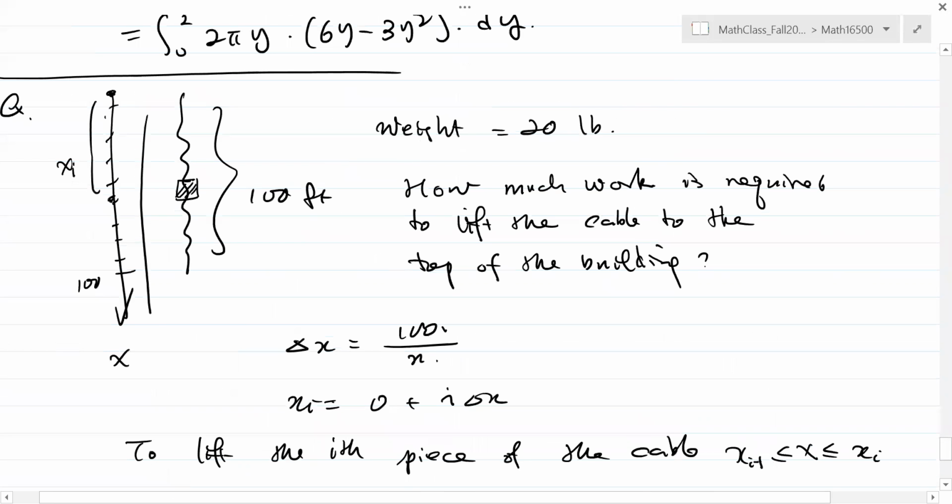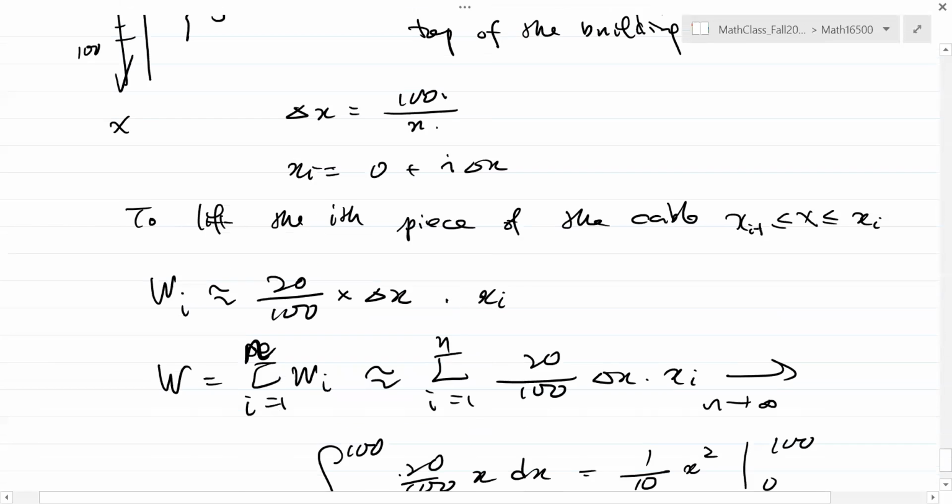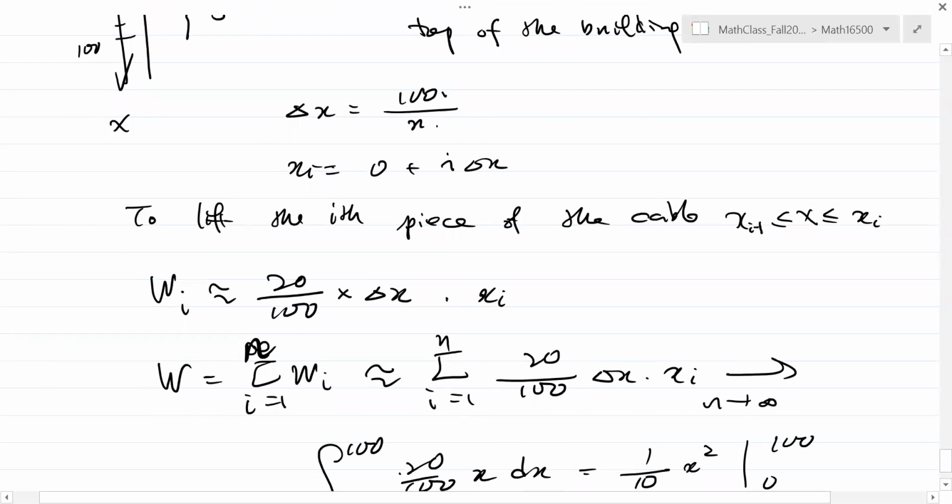You put a coordinate system there, and show us how to derive the formulas you can use to find the work required to lift the cable to the top of the building. You can only memorize a few formulas. Don't memorize the specific integral for each particular problem.